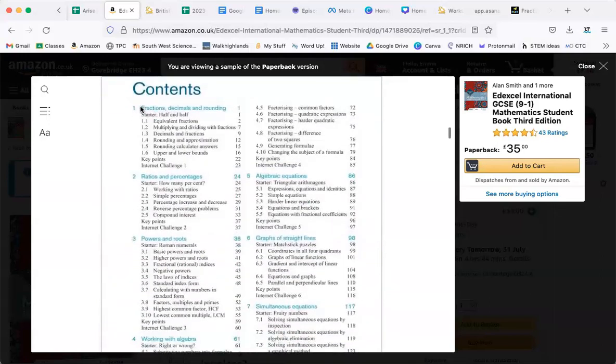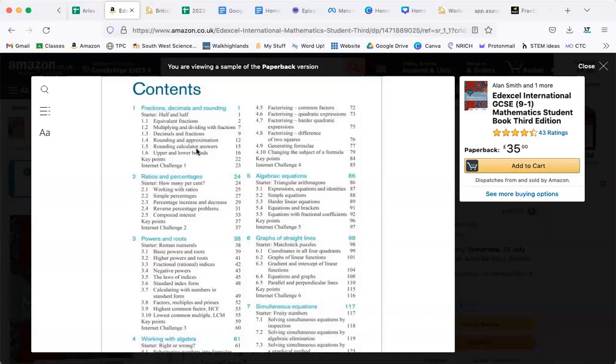The first chapter is on fractions, decimals, and rounding. And then we go on to ratios and percentages. So it begins with equivalent fractions, how to multiply and divide with fractions, decimals and fractions, so being able to shift between decimals and fractions. Also rounding and approximation, rounding calculator answers.